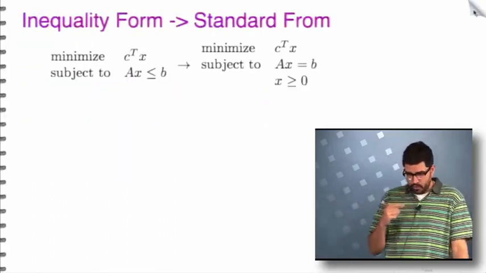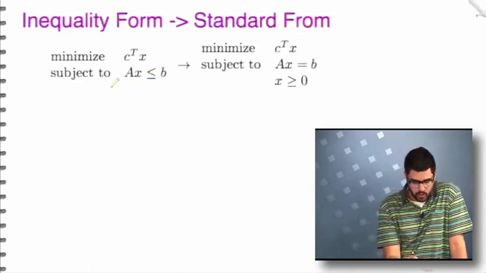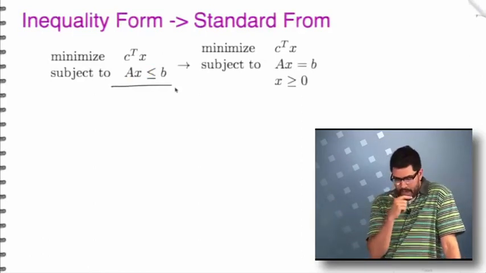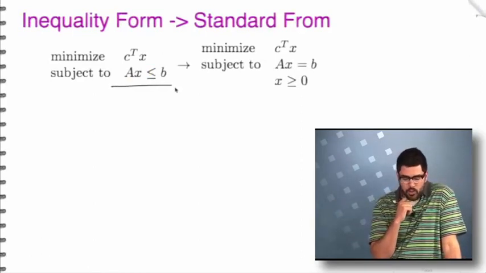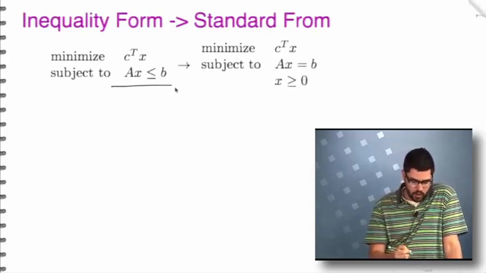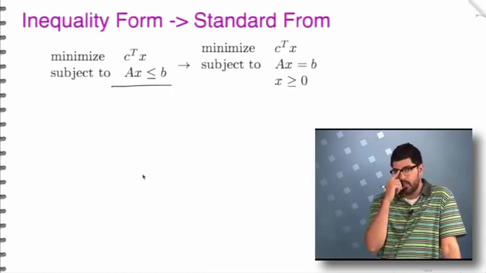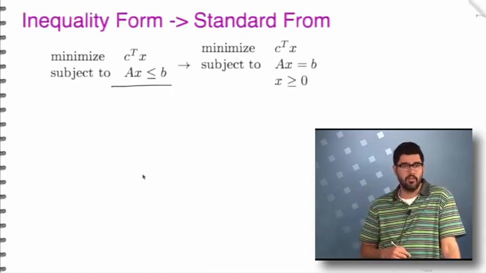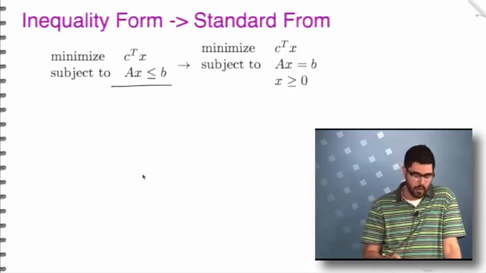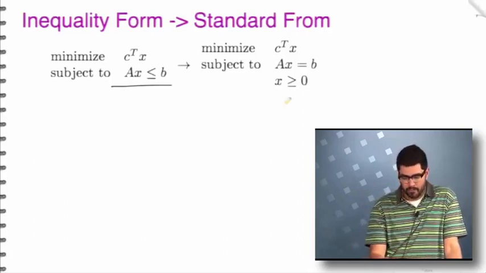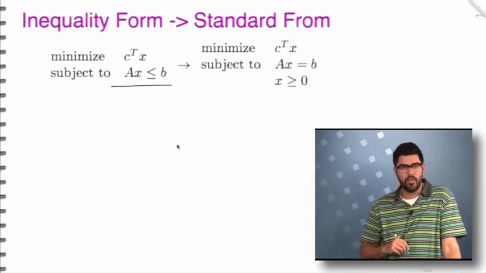So the first thing we're going to do is assume we're starting here, and we need to go to the standard form. So what are the few things that we see here? Well, first of all, x in the inequality form could be negative. The variables could be negative. So that's a problem in standard form.